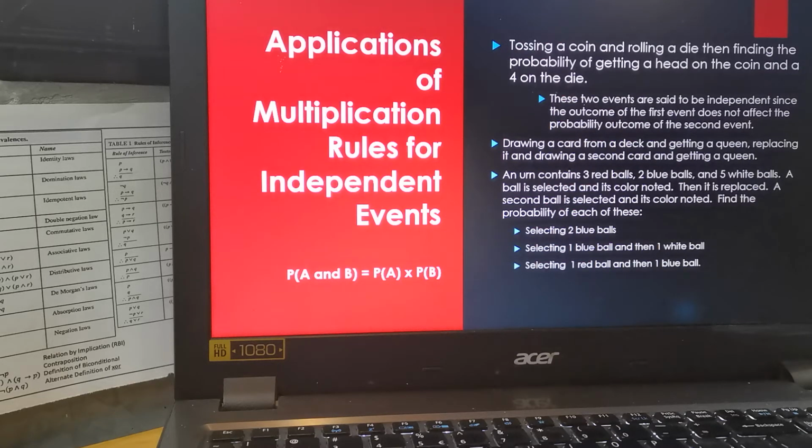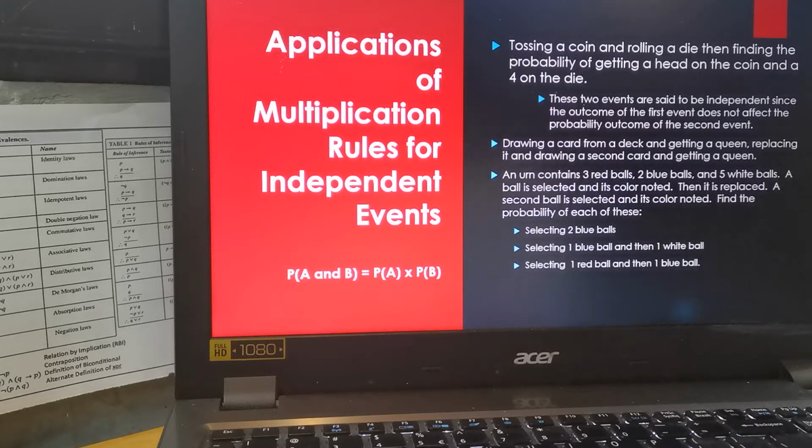And then 5 na white. Okay, a ball is selected and its color is noted. Then it is replaced. Ibig sabihin kapag nabunot yung isang ball, ibabalik din ulit. Okay, ibig sabihin yan, it is an independent event from the first event.